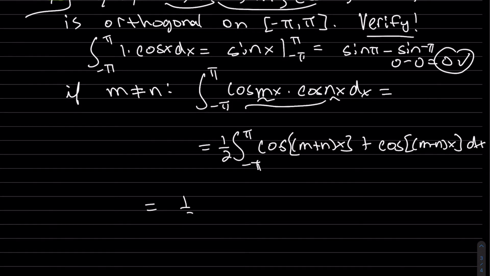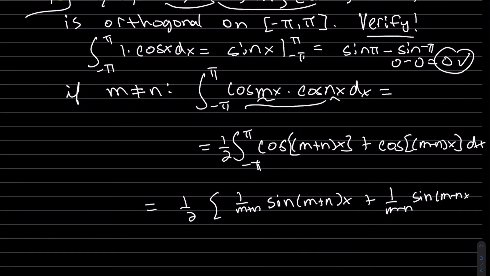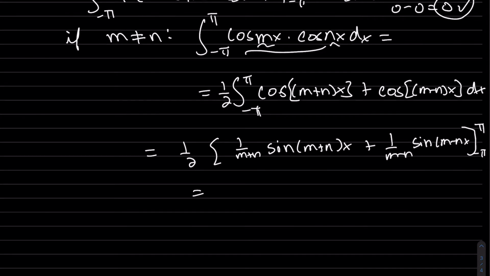This is equal to half, divided by the angle, and all of this is from minus pi to pi. When we plug in pi here and here, we get sine of whatever, and those are integers. So we will have half times 0 plus 0, which is 0.